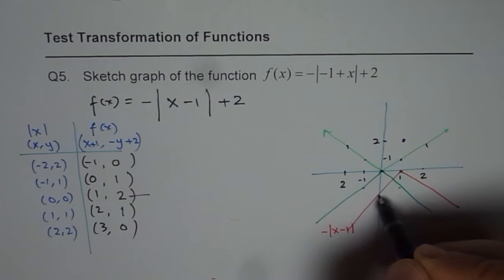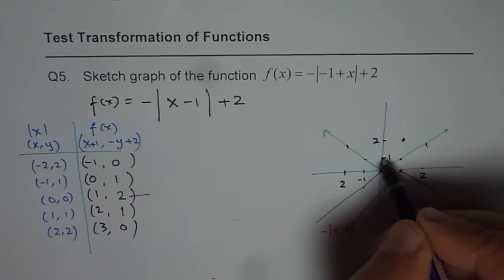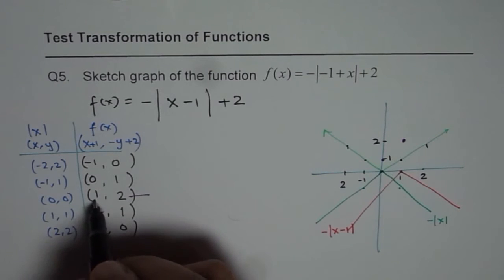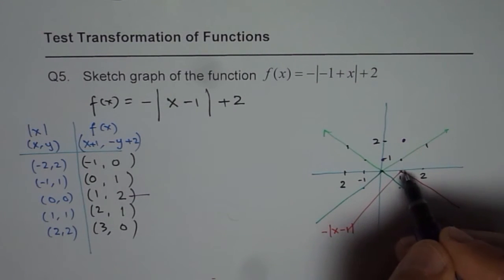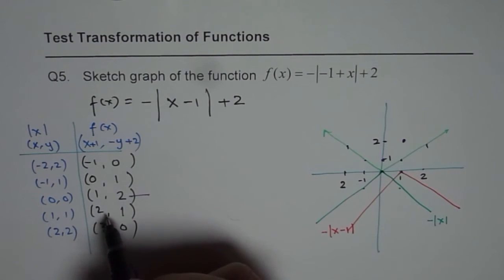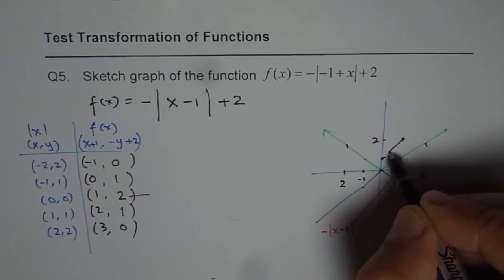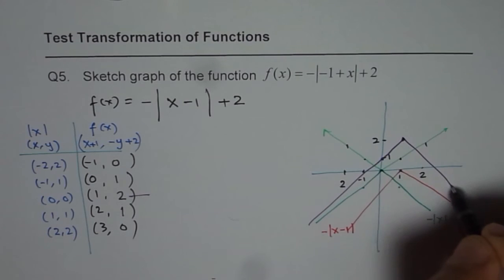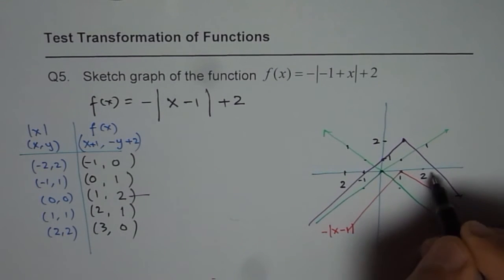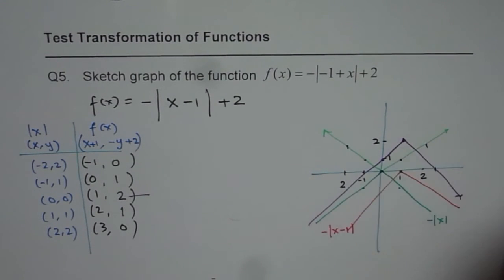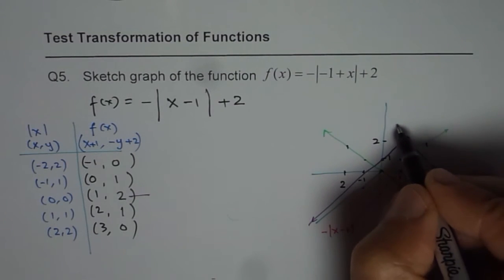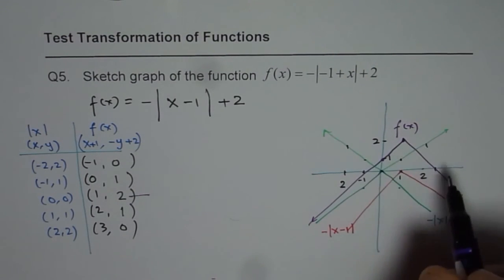This point will move to (0, 1), and then (1, 2). At 1 we'll have a value 2, which we already have, and (-1, 0), and these points get connected like this. Do you see that? This will be going through 3. That is the kind of absolute function you will get on graph paper.